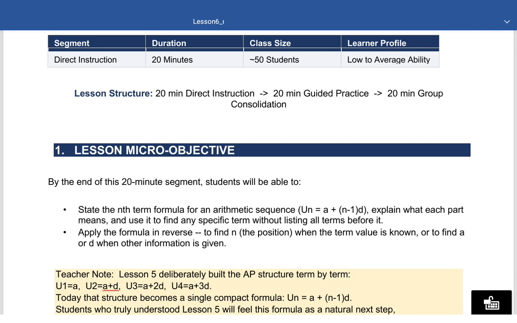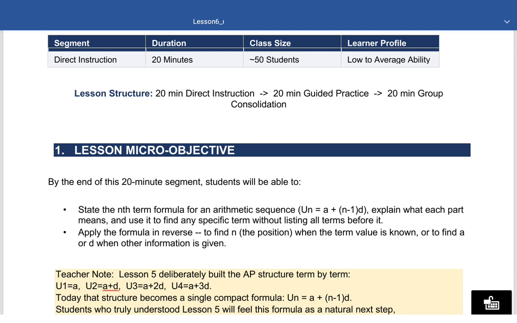So let's look at the terms. Now we have step 1, the first step. So the first term will give us the first term, and it is mapping to A plus 0D.